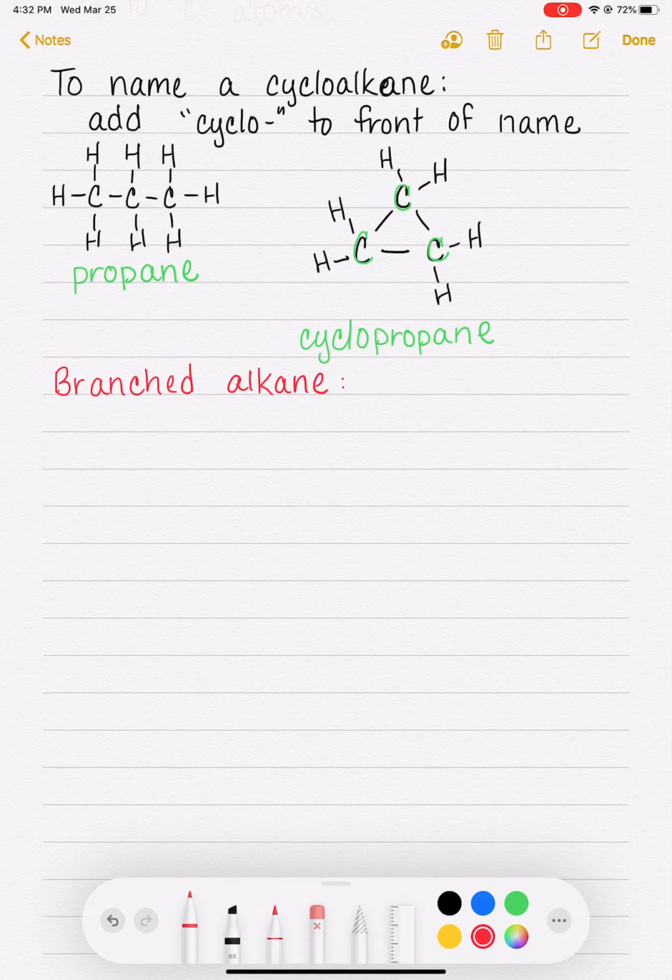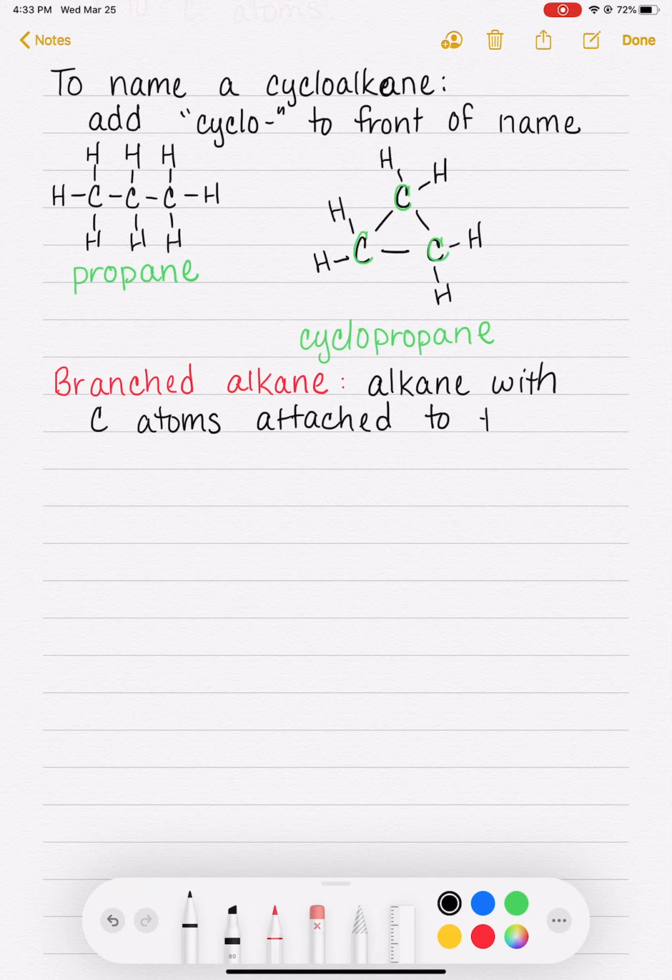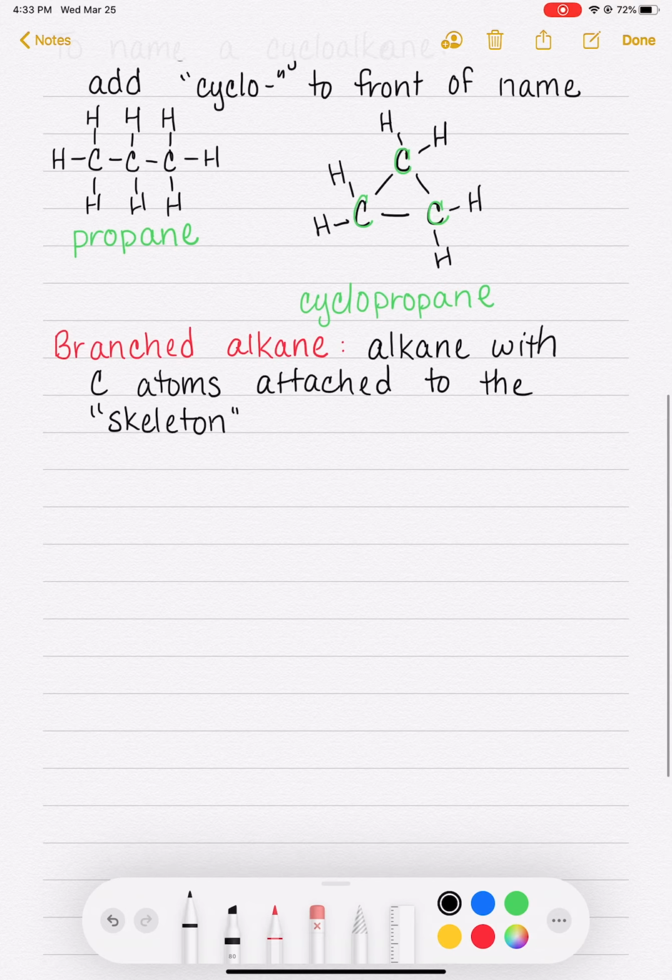A branched alkane is an alkane that has carbon atoms that are attached to what we call the skeleton. Let's see what that looks like.